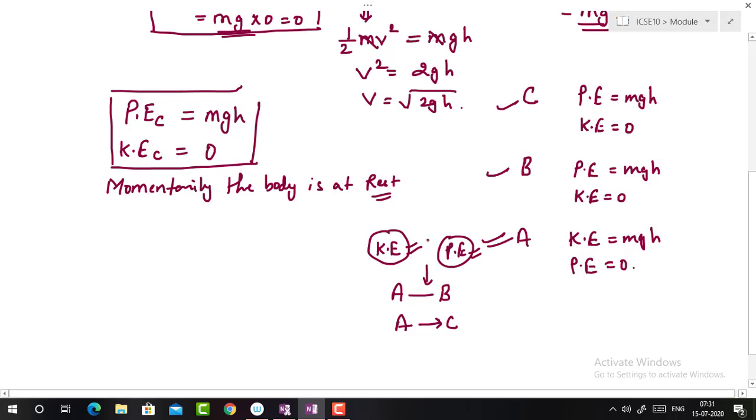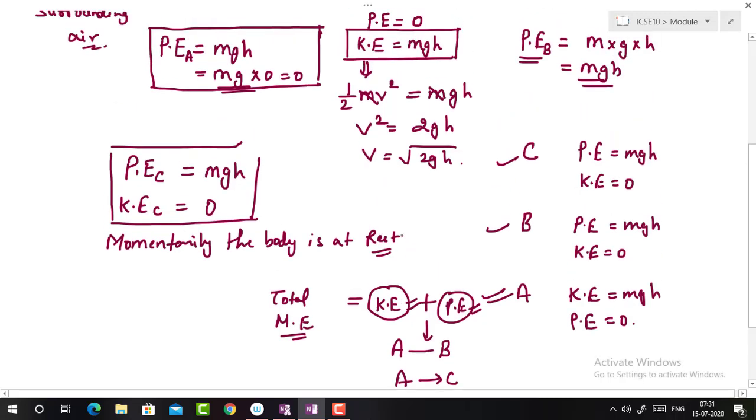So kinetic plus potential equals the total mechanical energy. This is called the conservation of energy of a simple pendulum.